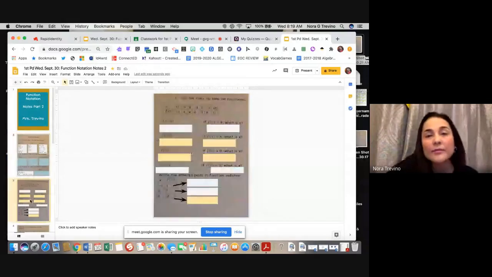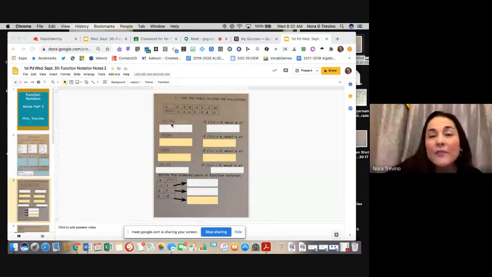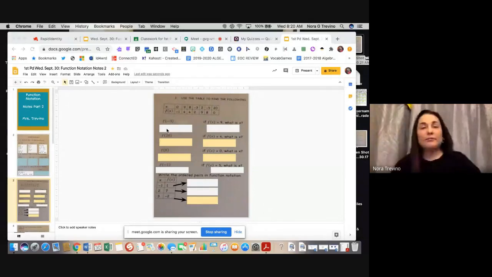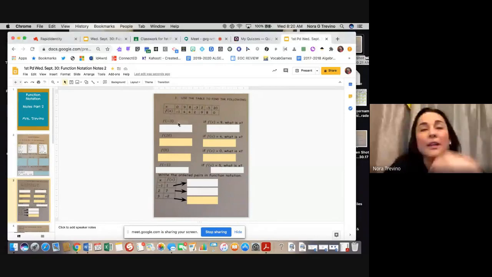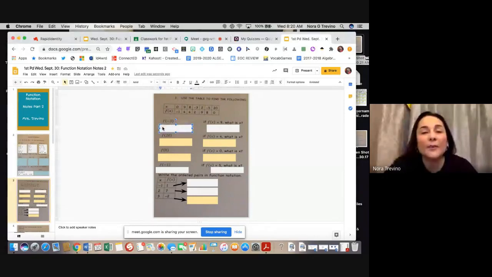These are super easy because it's not an equation. They gave it to us in table form, right? So they're saying f of -3, find the answer. Well, who is -3? The x. Very good. So you might want to make a little note for yourself that f of -3 is the same as saying x equals -3.